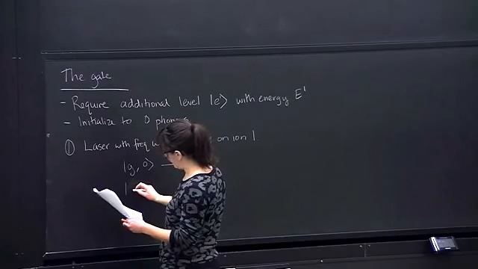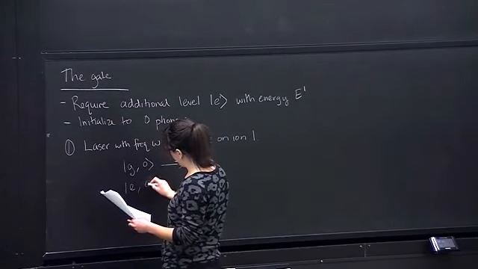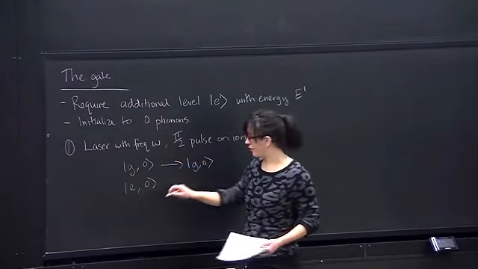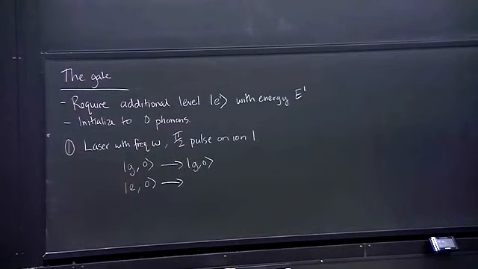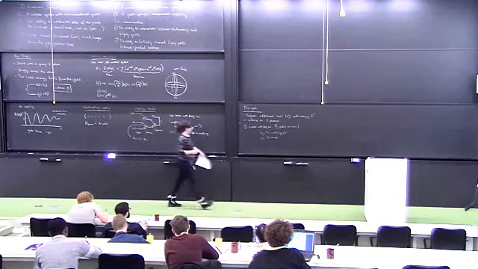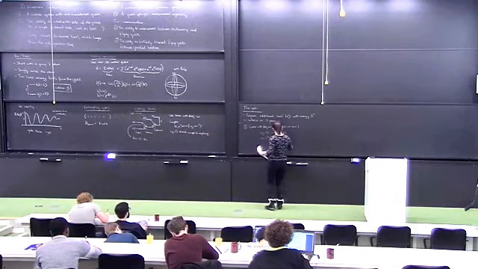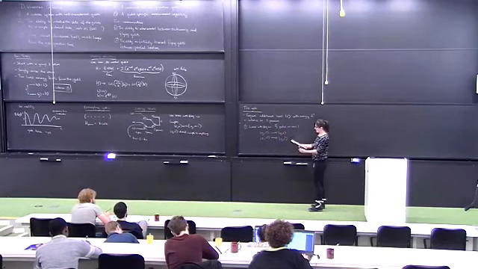But if our qubit was in the excited state with 0 phonons, then the pi-on-2 pulse will take you from here to there. So now we go into a ground state with 1 phonon. Okay, so that's the first step.